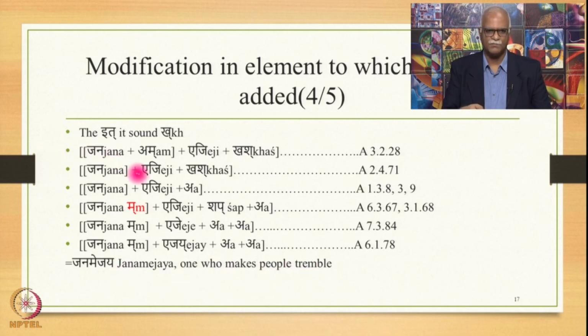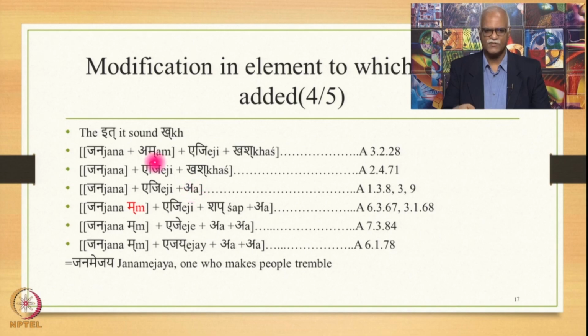Here we have jana plus ej. Then we add a suffix khash to this verbal root ej in the environment of jana plus. Now in khash, we know that kh is it because of the application of 1.3.8 lashakvataddhite, and sh is it because of halantyam 1.3.3, and so they both get deleted and we have a.